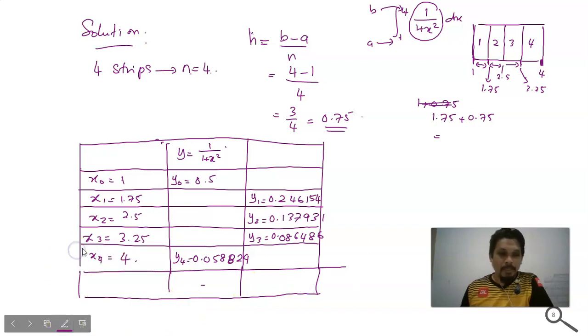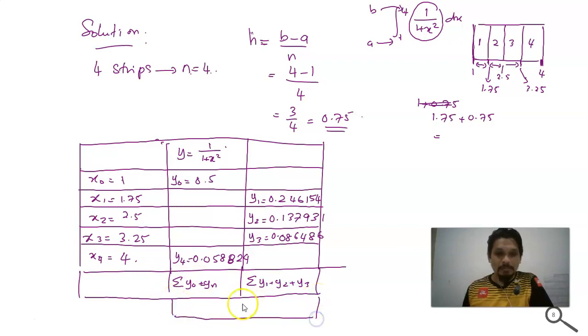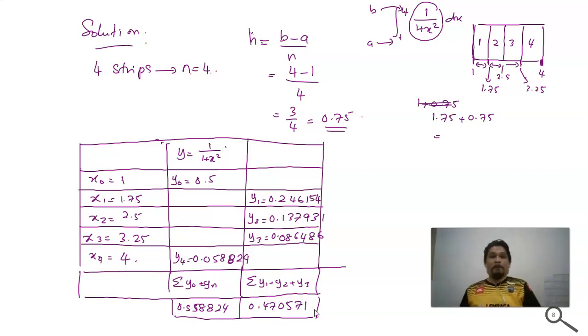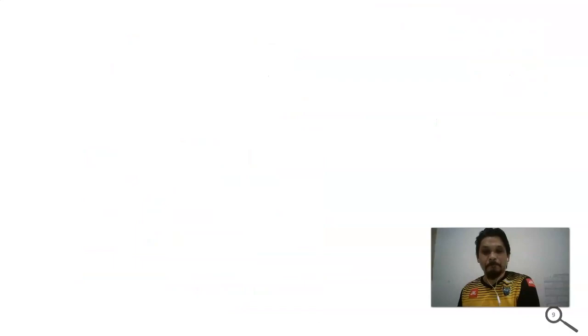So this is the summation of y0 plus yn, and this is the summation of y1 plus y2 plus y3. I add another column here, and the summation of y0 plus yn equal to 0.558824, and 0.470571.